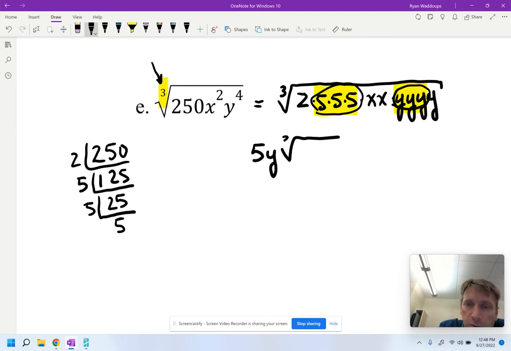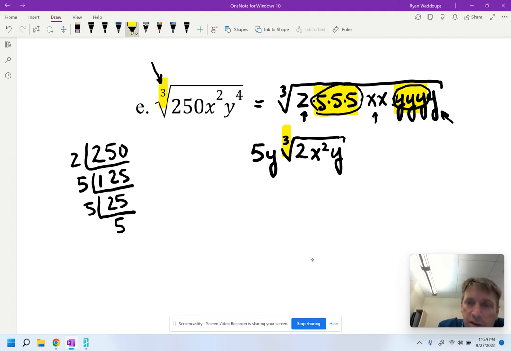And then I have the cube root of 2 x squared y, which is what's left. X times x is x squared, and I just have one single y, and each of those stays under the radical. Make sure that you show your index there.